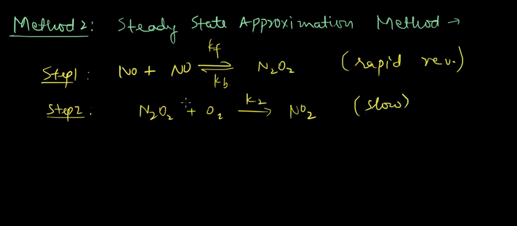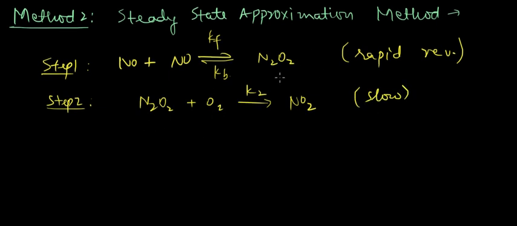So the steady state approximation method says that the concentration of N2O2, which is the intermediate, should not be changing, or d of N2O2 by dt should be equals to 0. So first let us see the rate of appearance of NO2.